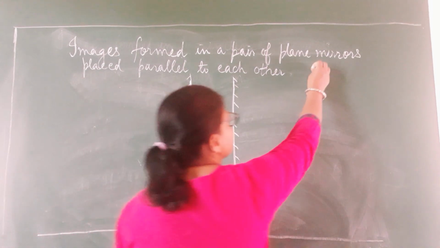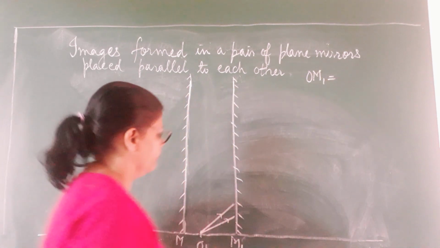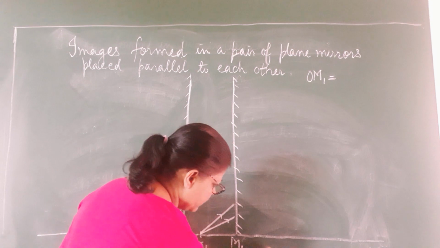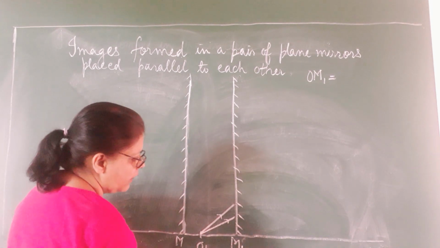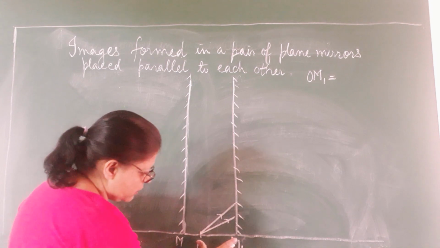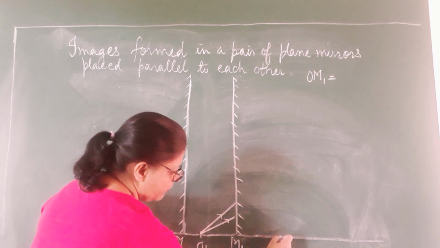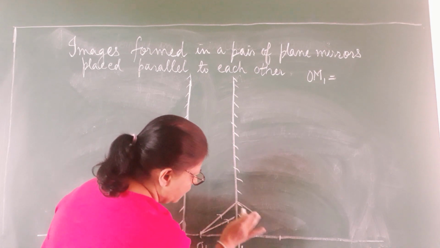I am writing it here children for your reference. I will measure OM1, and on the other side I will take the same distance. Suppose if this distance is whatever distance, I will take that same distance and put a dot this side, and I will join these two images over here in dot.